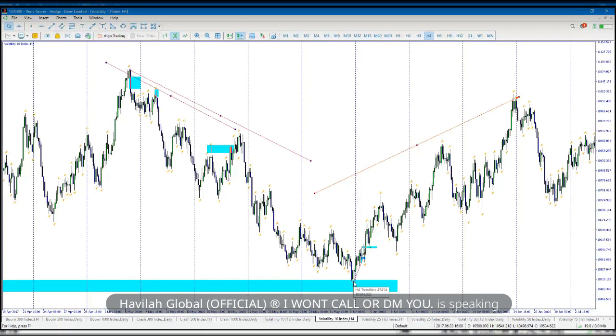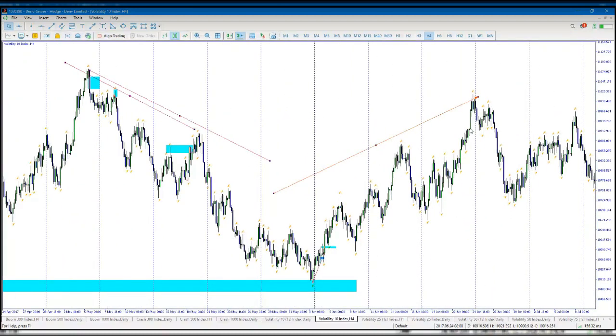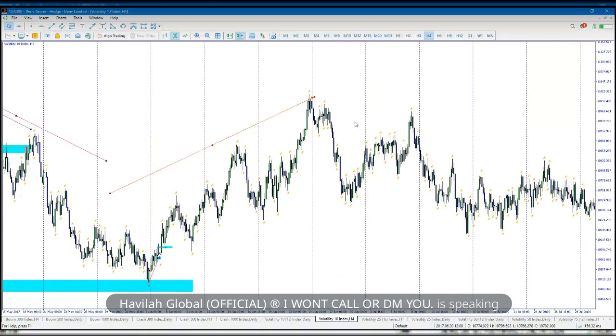Even if you want to take your 1 to 3, you would have broken even since. And this move gave you more than 1 to 3. This guy gave you what? More than 1 to 3.